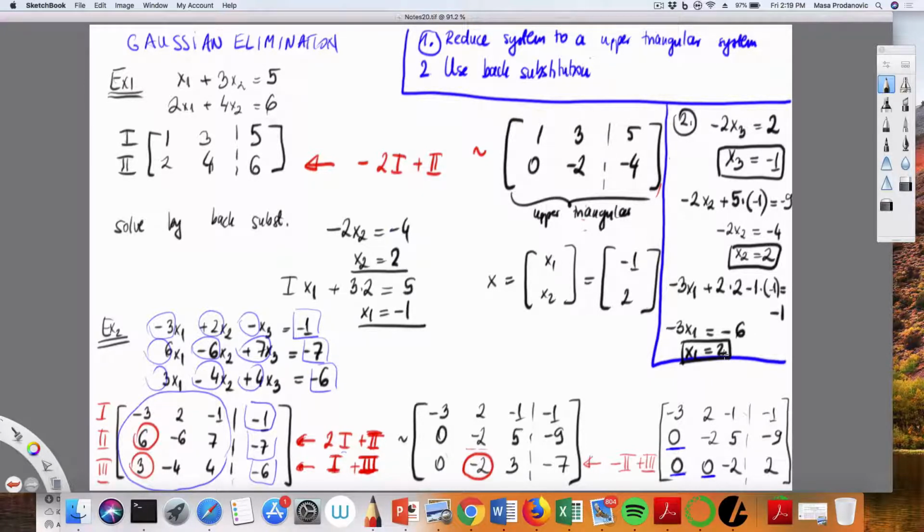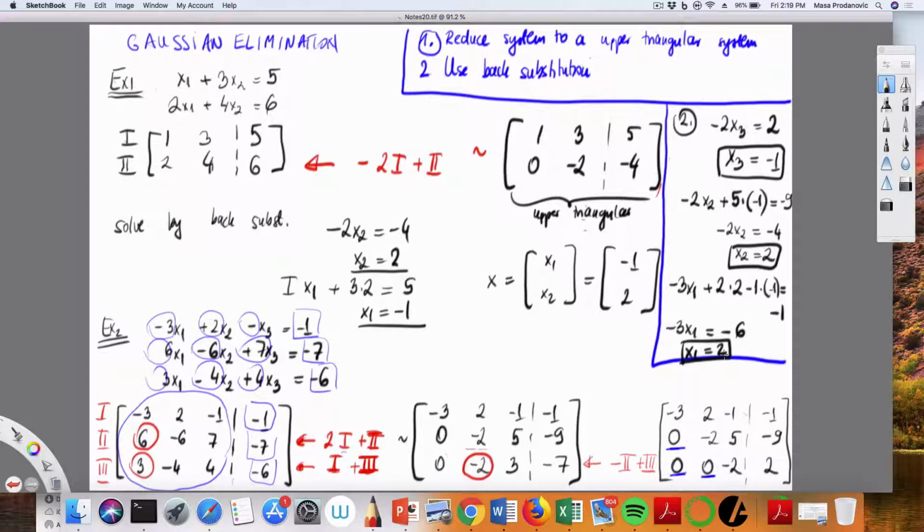Who is going to check for me that this solution is indeed a solution to this original system? What can I do? Plug in. Well, I'm going to be lazy because it's Friday, so I'm going to just pick one to plug in. So let's plug it into the second equation.